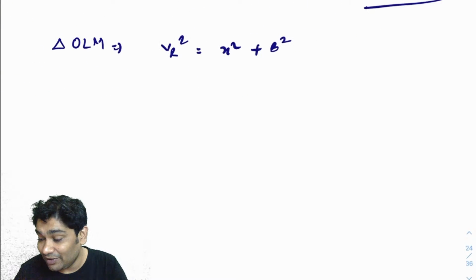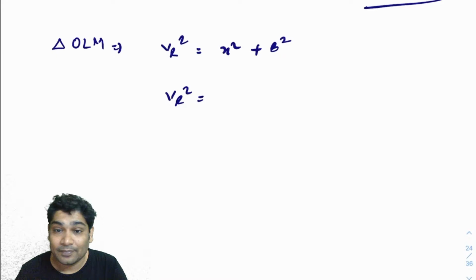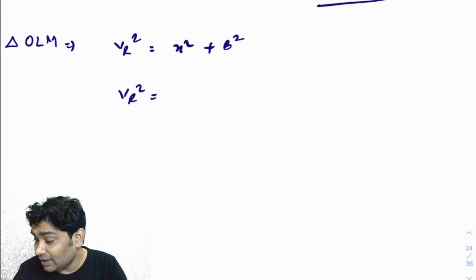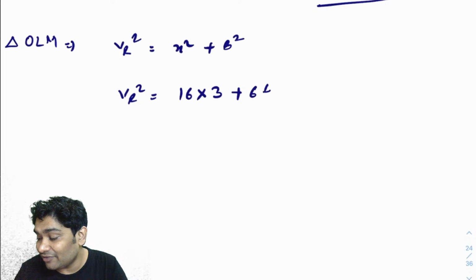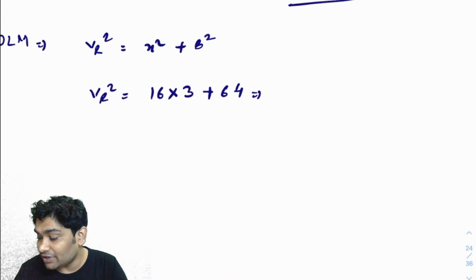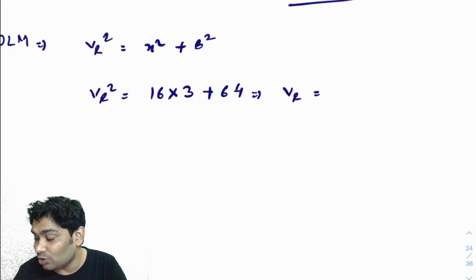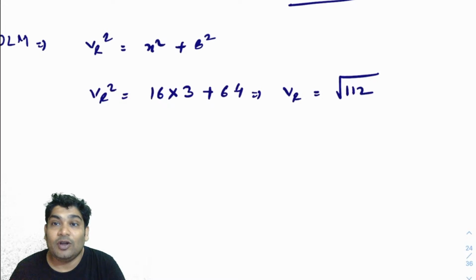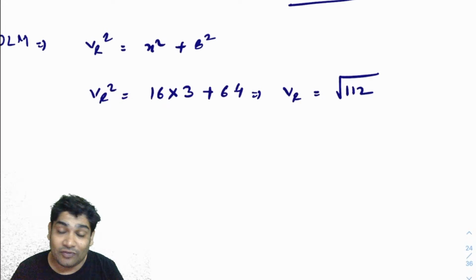So that gives me VR square, x square, which would be 16 into 3 plus 64. So that is 48 plus 64. So I'm getting my VR as root of 112. Yeah, so velocity of rain is root of 112.